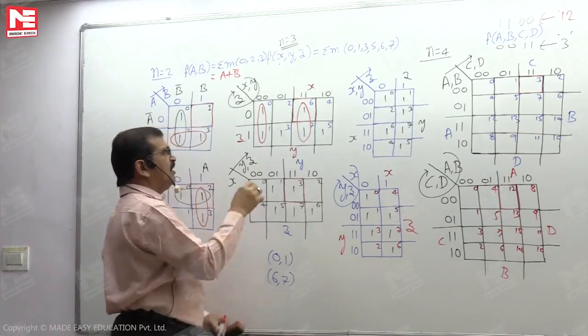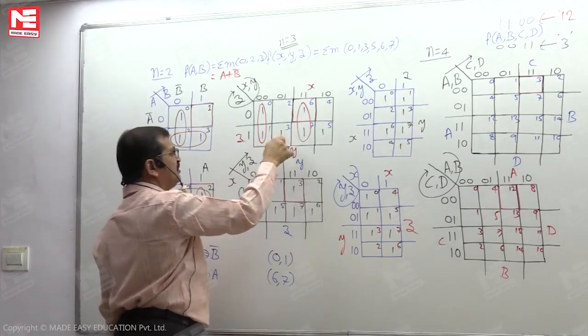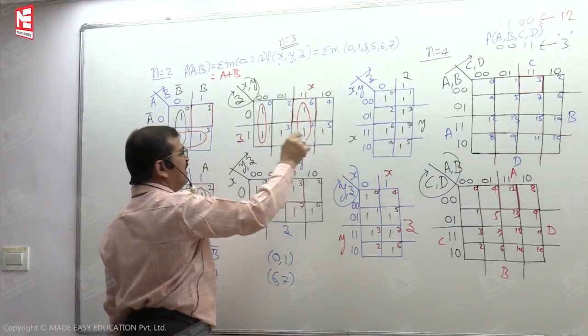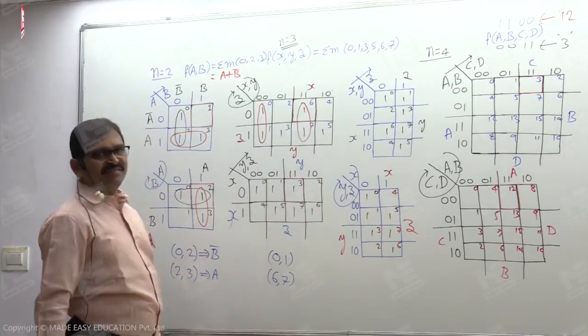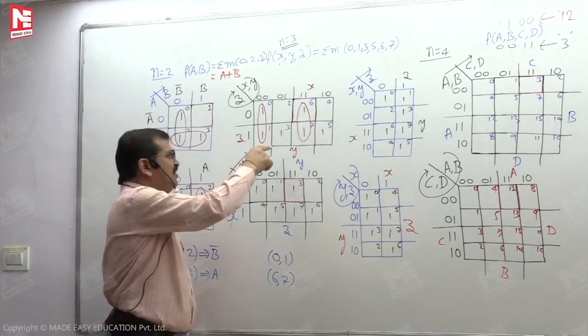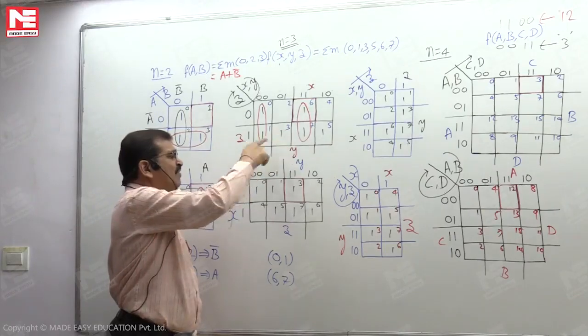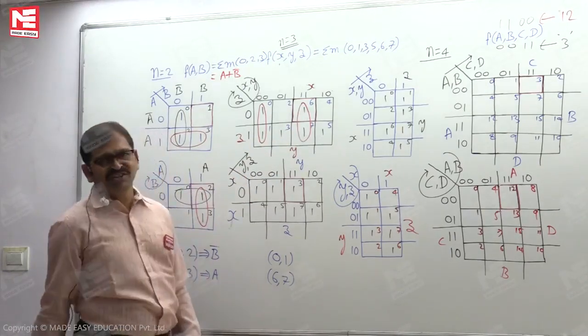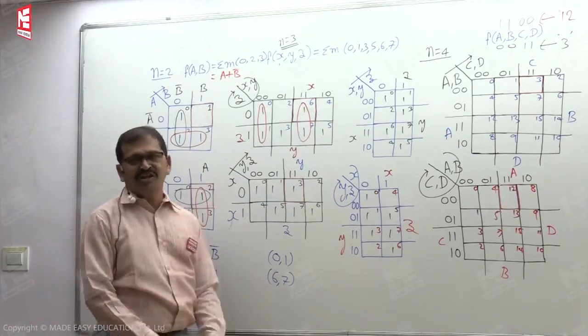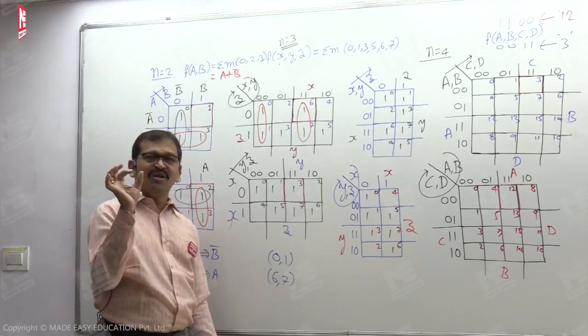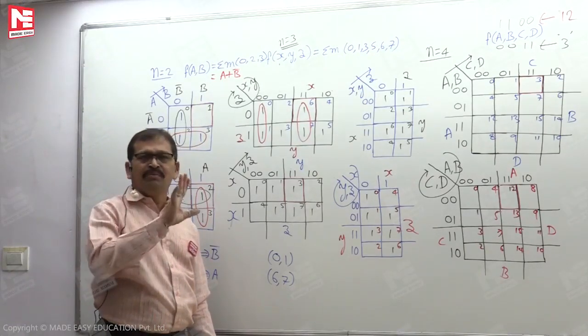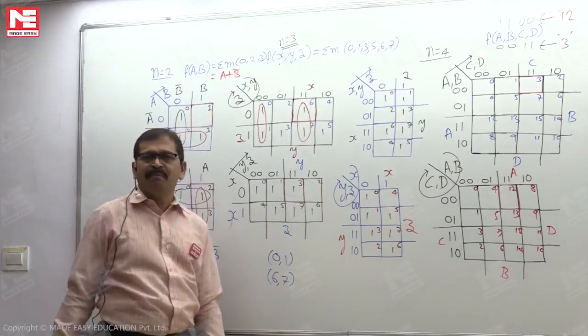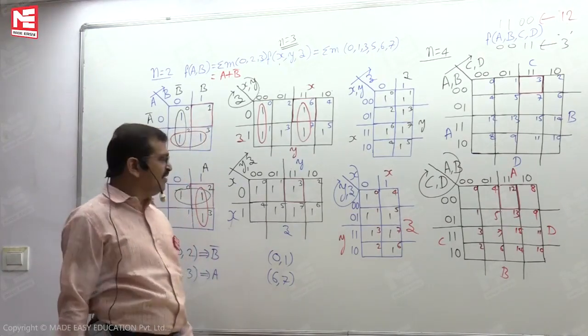But definitely we are not taking 1, 3 or 3, 7 or 5, 7 as 2-cell subcubes, because 1, 3 or 3, 7, 5, 7 or 1, 5 all are coming to be part of a larger size subcube. Based on that, the condition is not allowed. So the subcube we are marking as 2-cell should not be part of another subcube.